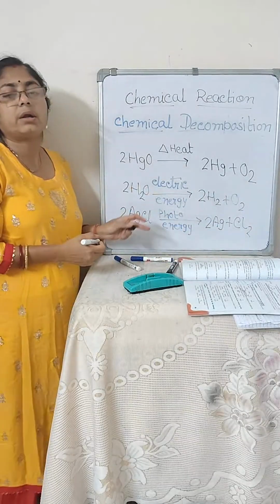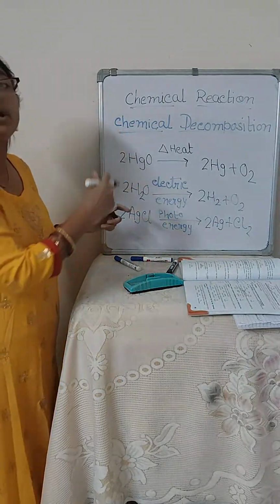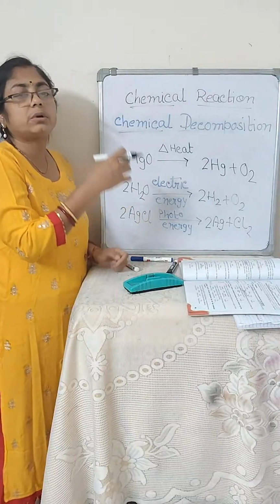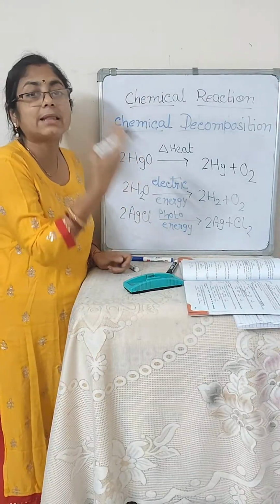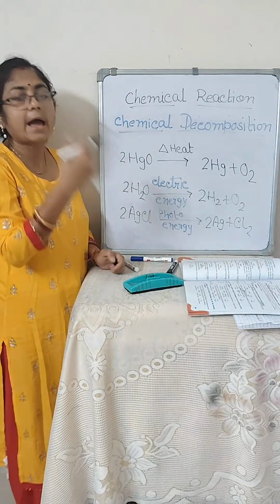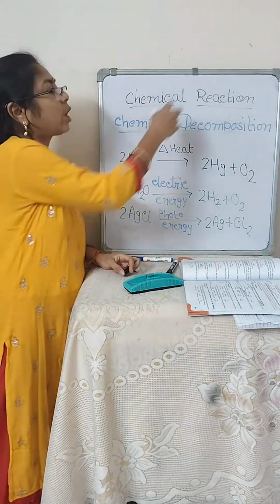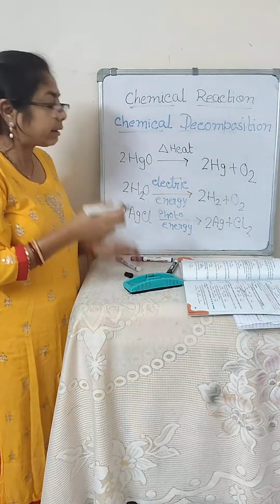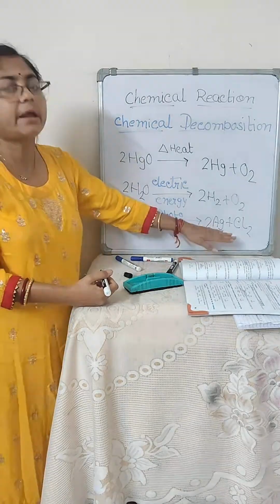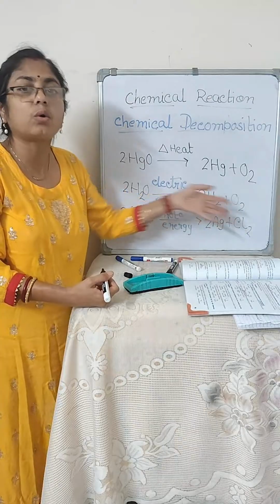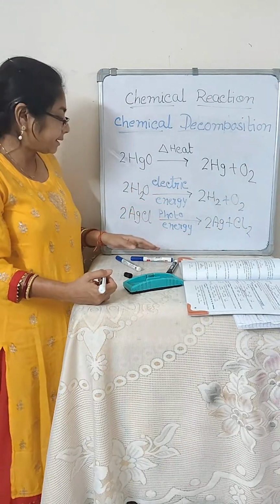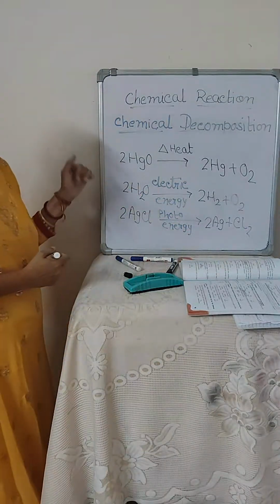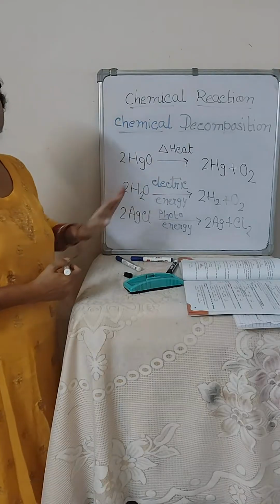Silver chloride is a compound. If you take some photo energy, meaning light, and pass light through this compound, it decomposes, breaks down, and two new things are created: one is silver, Ag, and another is chlorine gas, Cl2. It is the example of photolytic decomposition.